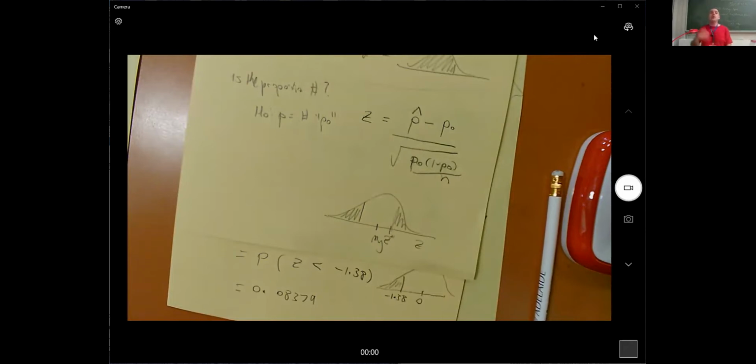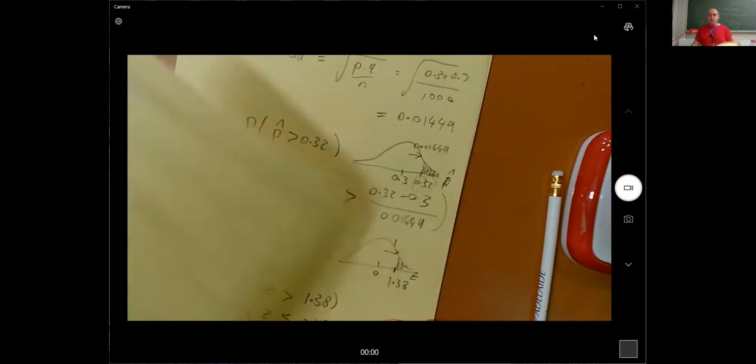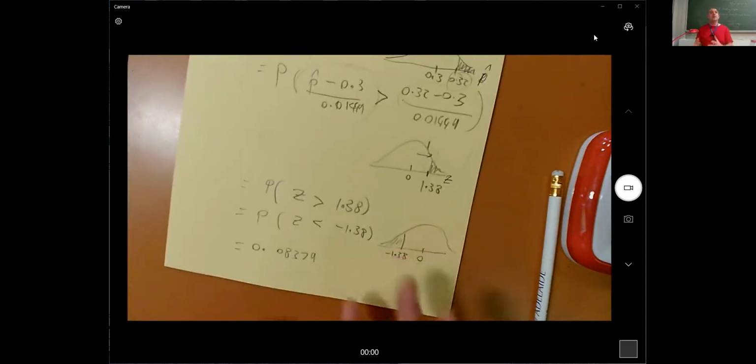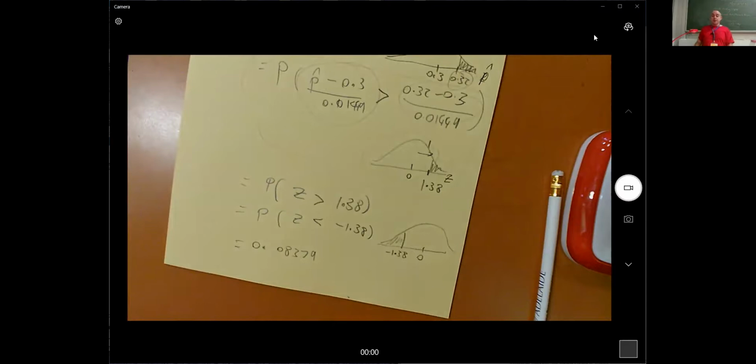So in this story that we just told, suppose it was a different question entirely, and we had the same information, but now the Laurier company is asking, do we believe that our market share really is 30%?